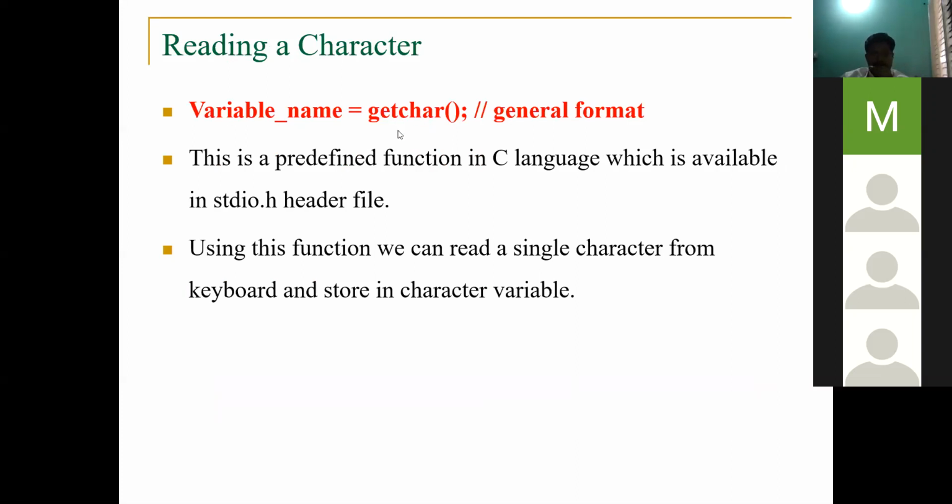The general format is given in the first line in red font, where you have a variable name equal to getchar. It is a predefined function, and the header file is available in stdio.h. It is used to read a single character from the keyboard or the console input.